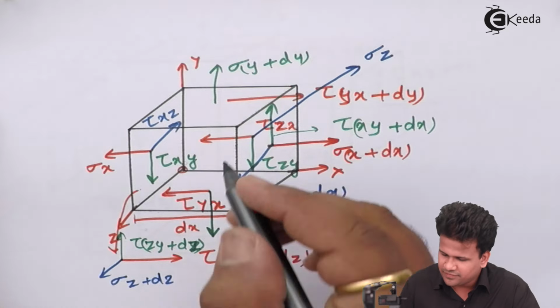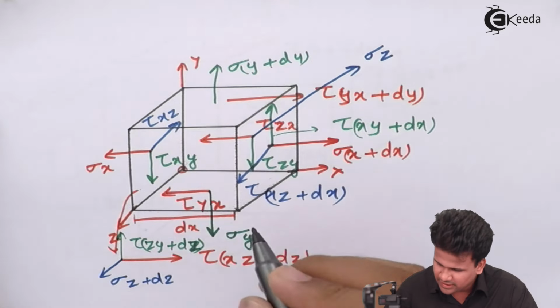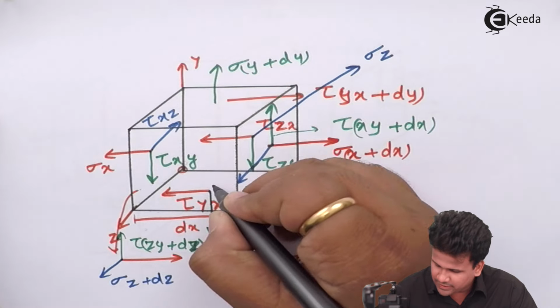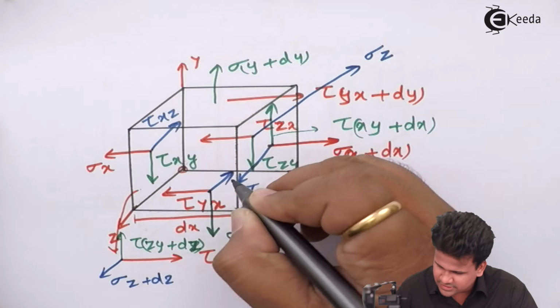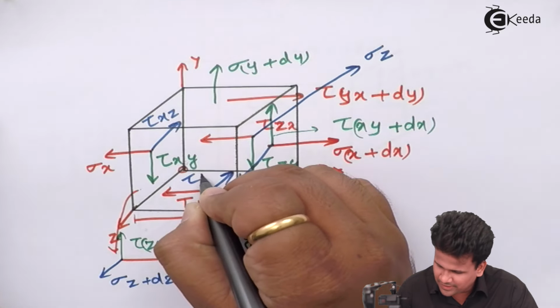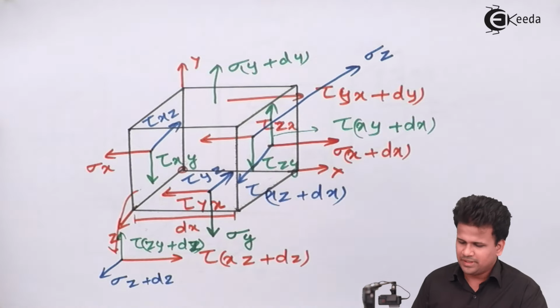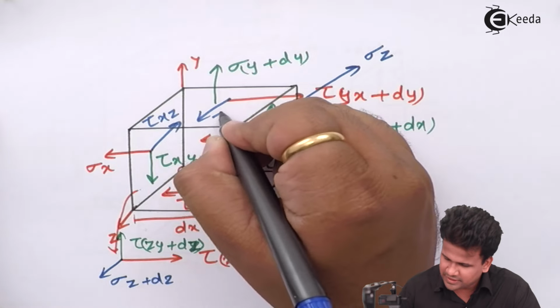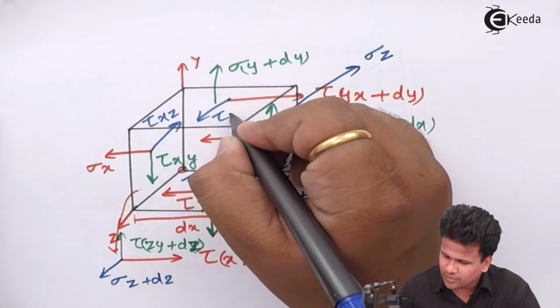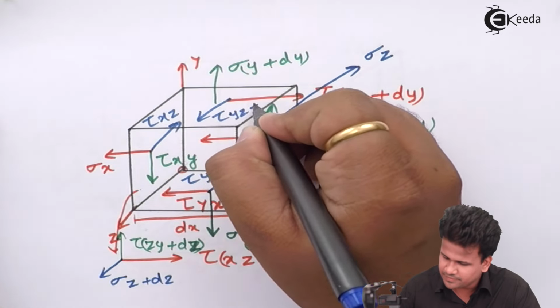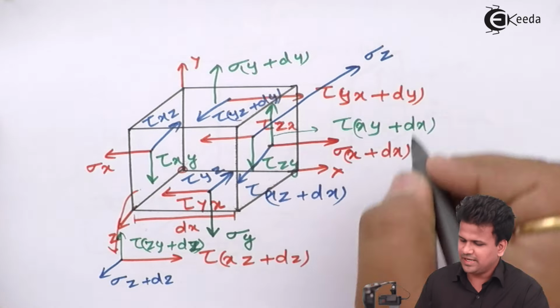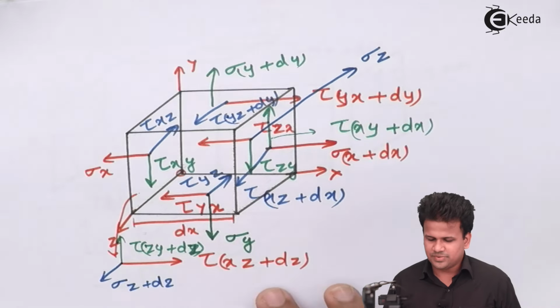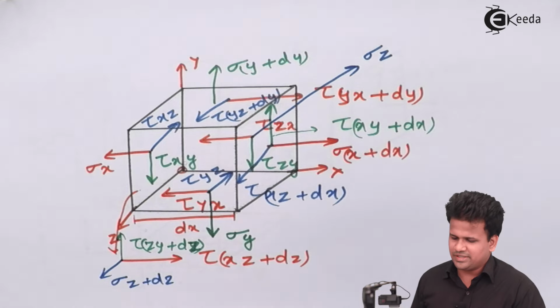The last part, over this side, is the y plane. In y plane, this is tau of y plane z direction, and over here tau of y plane z direction plus dy. So we have seen all three types of stresses on all three types of planes.